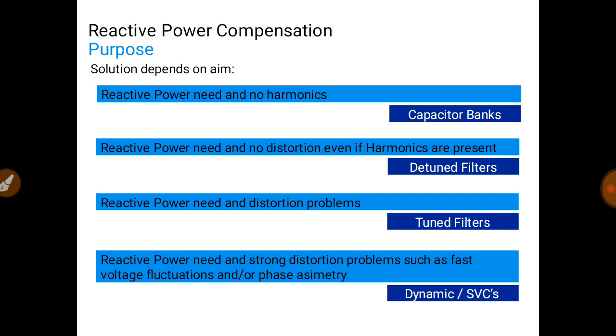Third, when reactive power is needed and there is a distortion problem of the waveform, then tuned filters are used. When reactive power is needed and there is strong distortion such as voltage fluctuation, then static var compensators and dynamic filters are used.